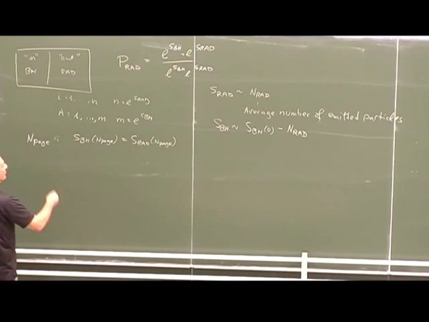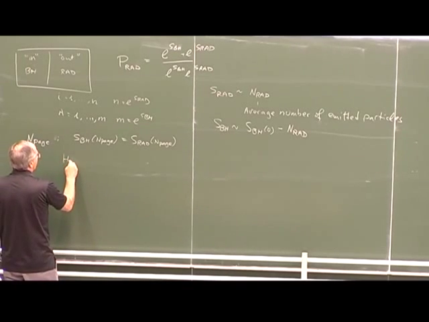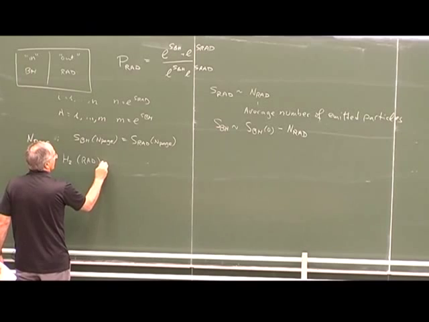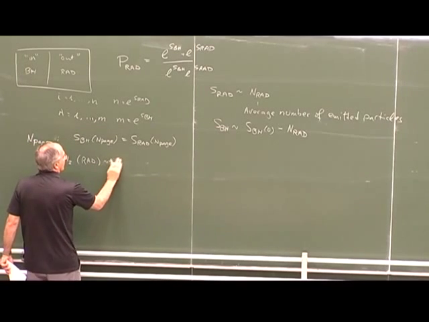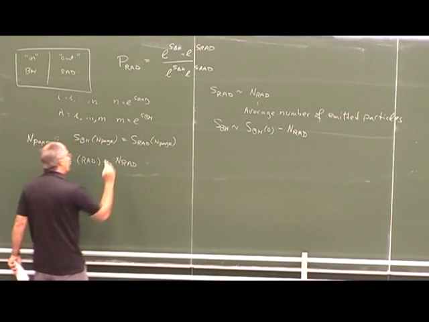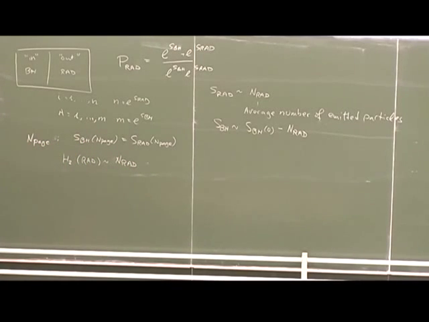And in this case, we can compute H2, the Renyi entropy of the radiation, and we find that it is approximately n_rad. And this means that the state of the radiation at the Page time is roughly thermal.